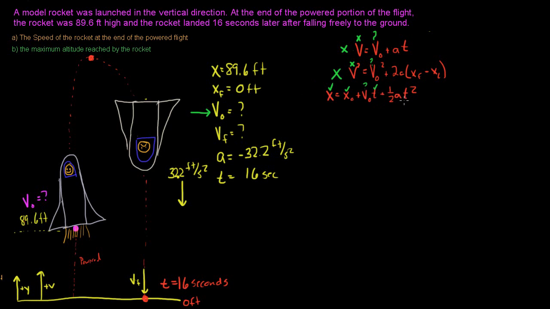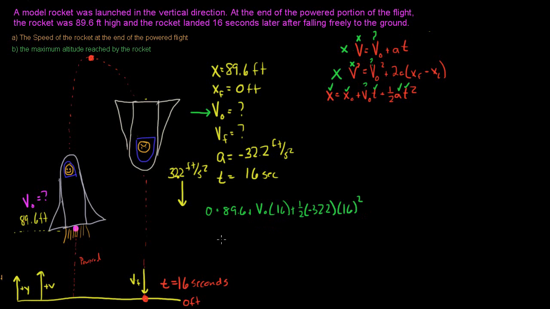We know our acceleration, which is minus 32.2 feet per second squared. And we know our time again. So if we put all the information we know into this equation, we get 0 is equal to 89.6 plus v naught times 16 plus 1/2 times minus 32.2 times 16 squared.